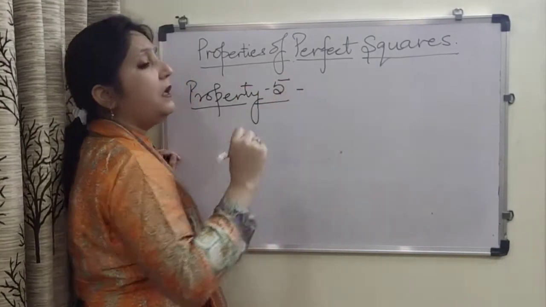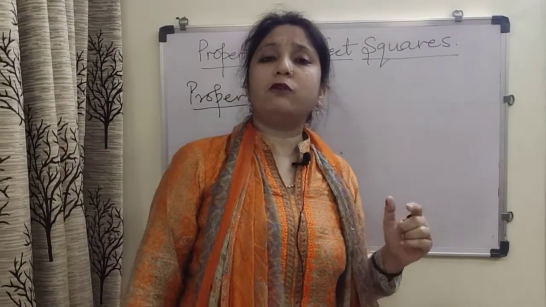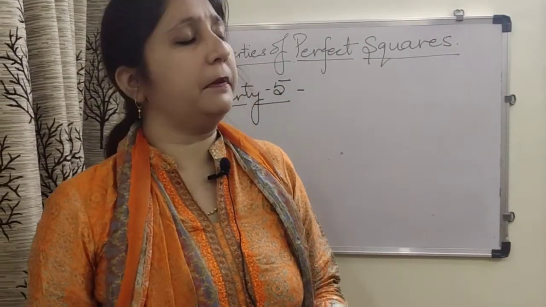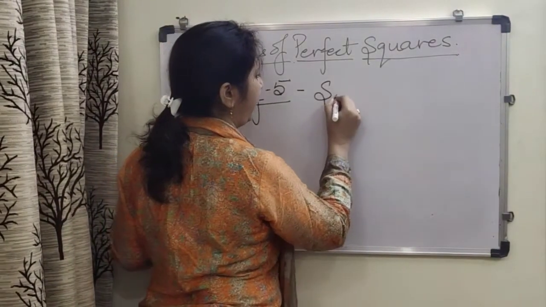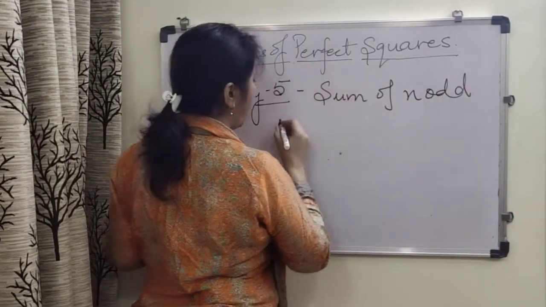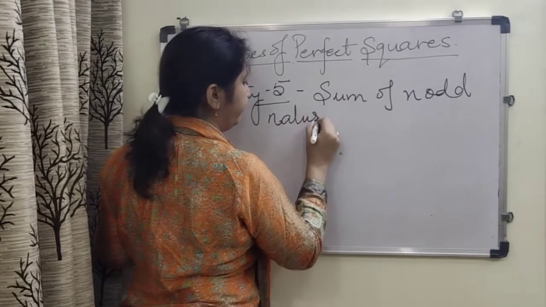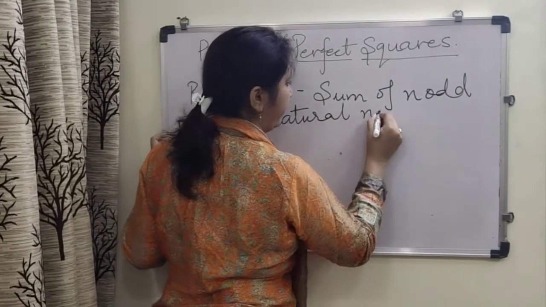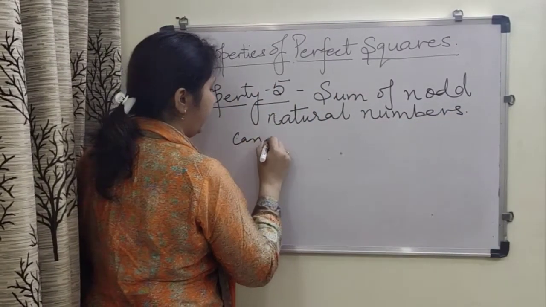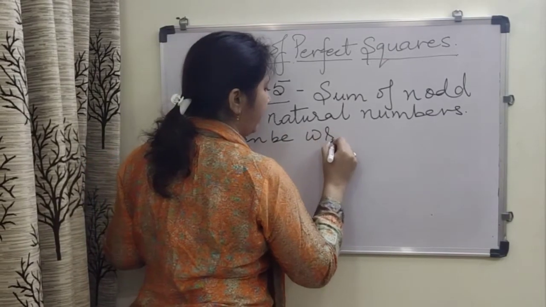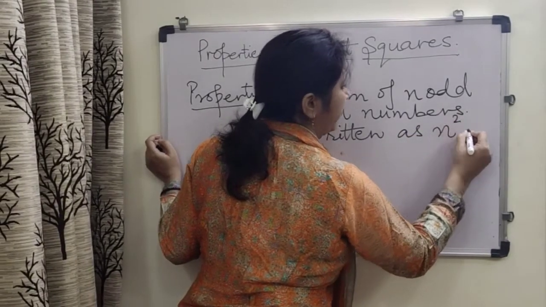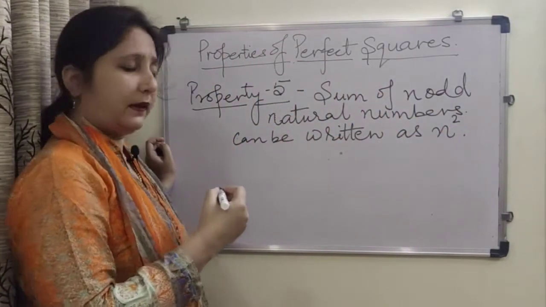According to this property, sum of n odd natural numbers can be written as n square. Why so? Let's have an example.